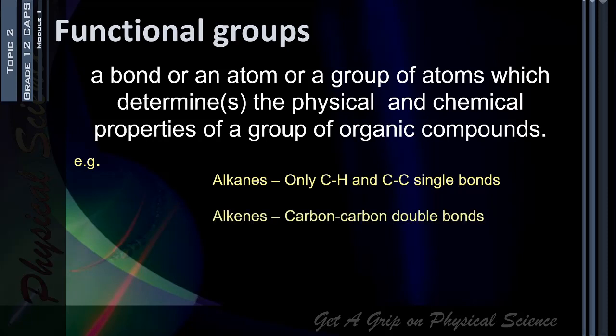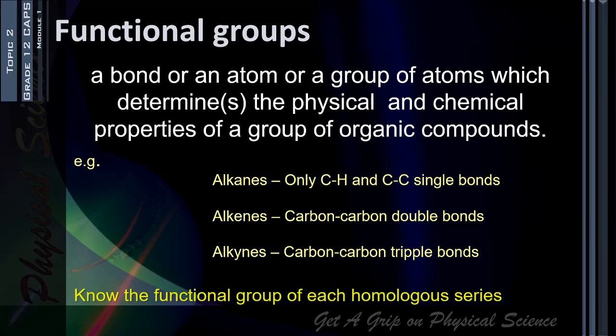If there is at least one carbon-carbon double bond, the molecule belongs to the alkenes. And if there's at least one carbon-carbon triple bond, you know that the molecule belongs to the alkynes. You must know the functional group of each homologous series.